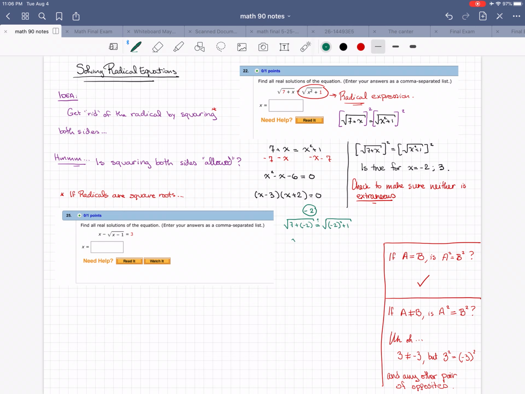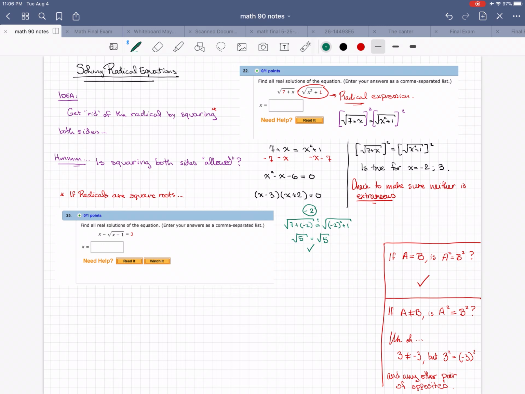Okay, well, on the left we have the square root of 7 minus 2, which is 5. And on the right, we also have the square root of 2 squared plus 1. That's 4 plus 1, which is also 5. So yes, negative 2 works.